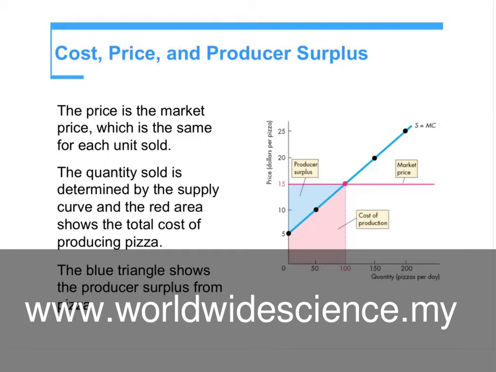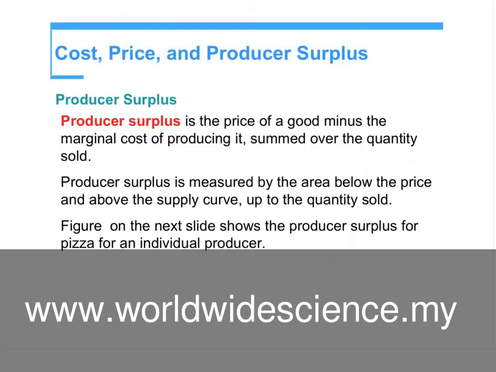So producer's surplus on the 50th pizza is 15 that the producer receives minus 10, that is its cost, which is 5, which is the benefit. Very simple. Okay?